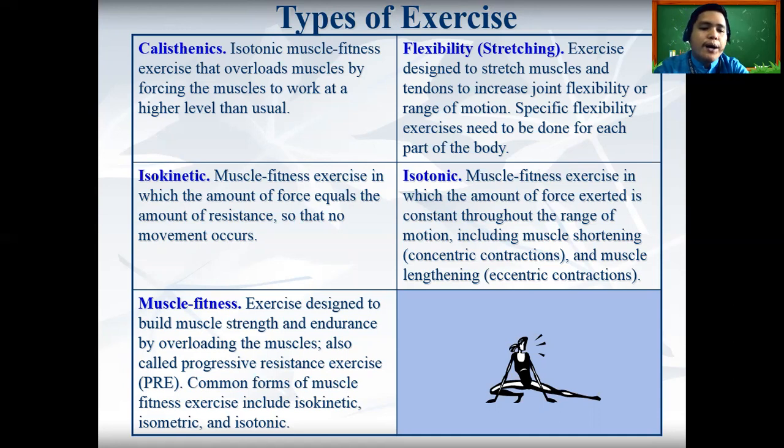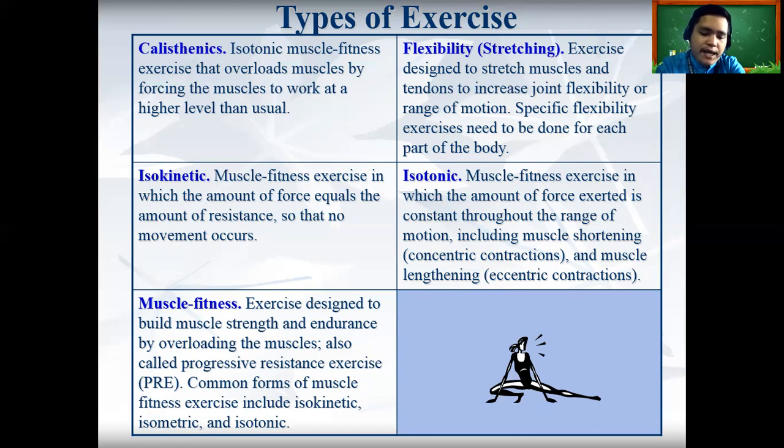We also have muscle fitness exercise designed to build muscle strength and endurance by overloading the muscles, also called progressive resistance exercise. Common forms include isokinetic, isometric, and isotonic. In muscle fitness, you will just lift some dumbbells to improve your muscles.